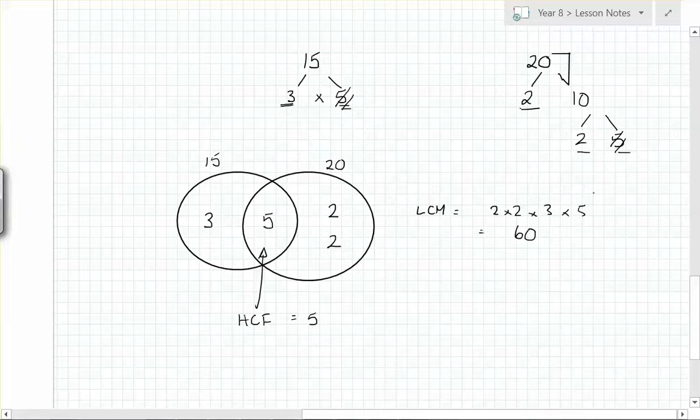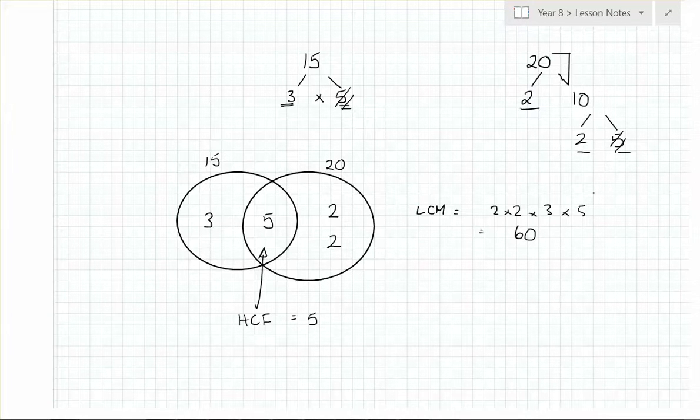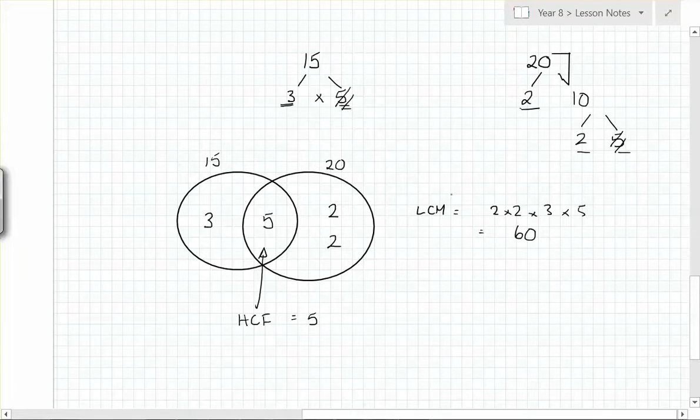One of the 5s went because it was in that common section. So to find the lowest common multiple, you multiply all the factors together apart from any common factors; you leave one set of them out. Make sense?